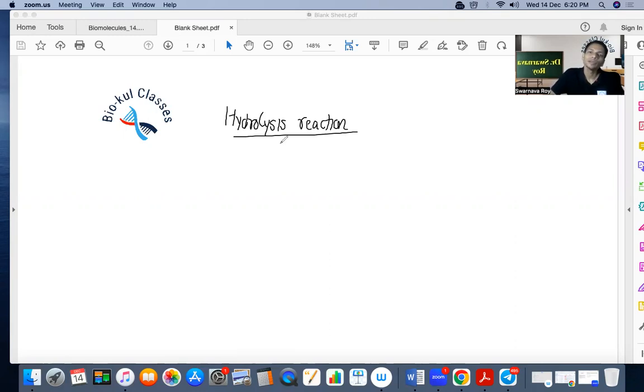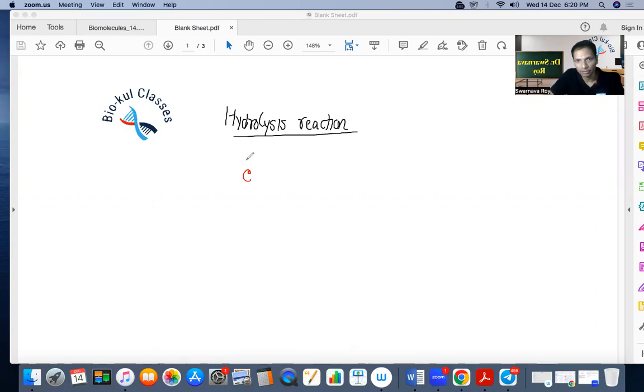So what is happening in hydrolysis? Hydrolysis is a reaction in which a molecule is broken down with the help of a water molecule. So again, let's draw our amino acids. This time we have a dipeptide.